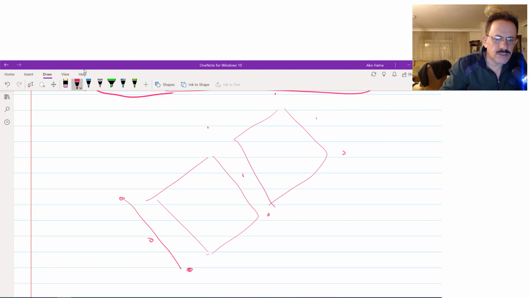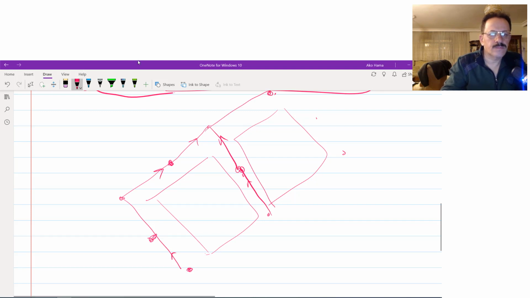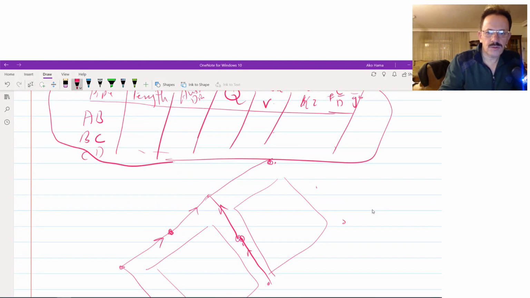So the direction is very important, and there is a manhole here. This is the second, and so on.